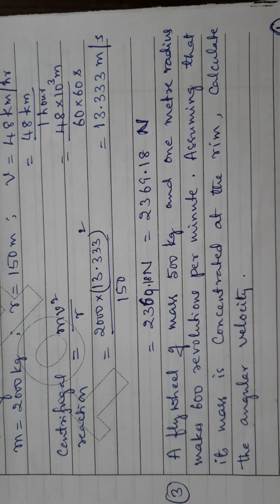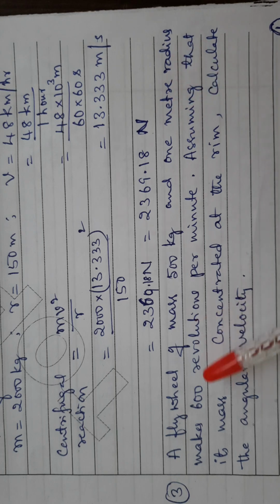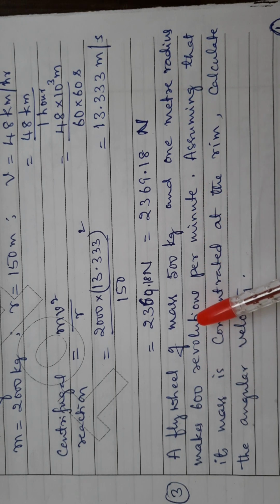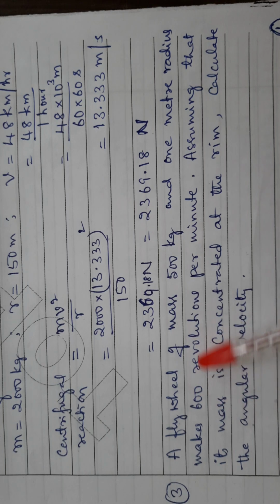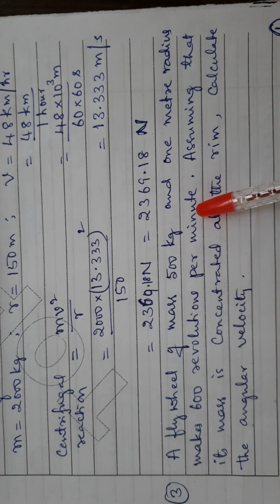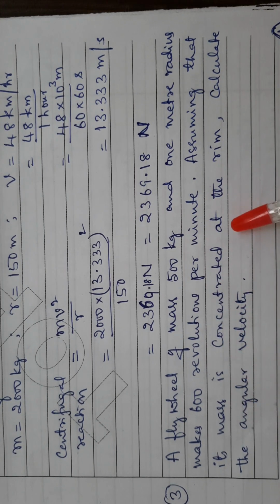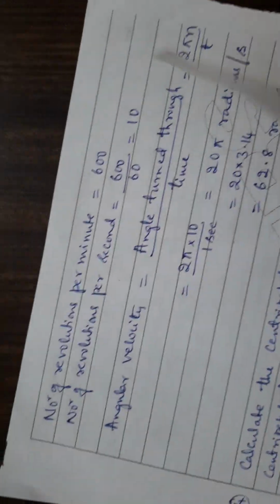So how are we supposed to solve? The mass of the flywheel is given 500 kg and 1 meter radius. It is making 600 revolutions per minute, means it is rotating 600 rotations in 1 minute. Assuming that its mass is concentrated at the rim, calculate its angular velocity. How are we supposed to solve this problem?